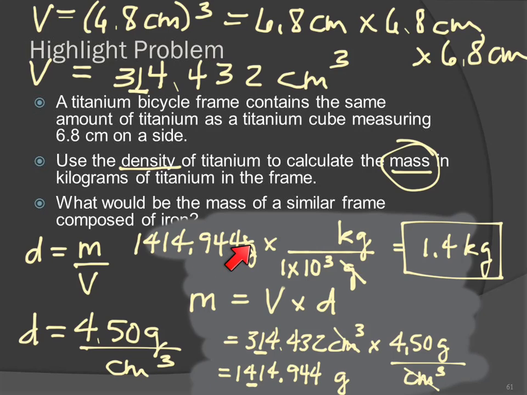And this is grams, but the question tells me I need to find the answer in kilograms. So I'm going to convert to kilograms. Grams to kilograms is one step. We multiply by kilograms, we divide by grams. And then kilo, we write what it means on the other side of the line. Kilo means 10 to the 3. And so that's how I end up with 1.4.